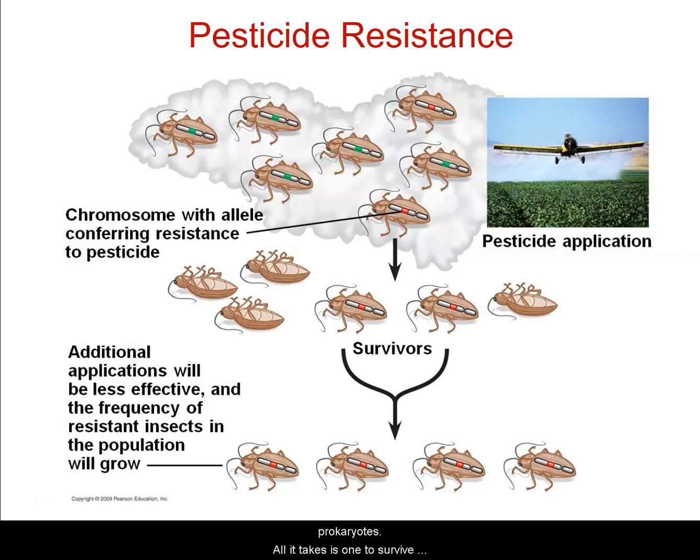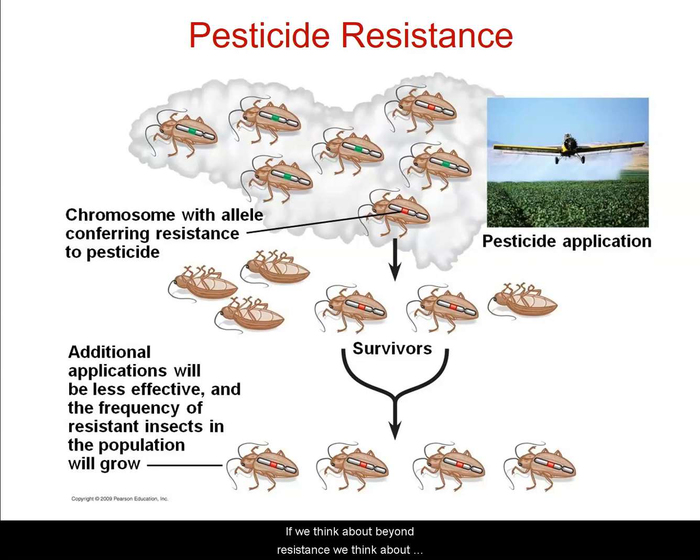All it takes is one to survive that has a resistance gene, and once it starts mating and reproducing, that gene proliferates, and you start to get populations of organisms that are resistant to the things that we apply in order to kill them. So this is becoming a problem in agriculture, a problem in healthcare, and everywhere else. And this is evolution over very short time scales.